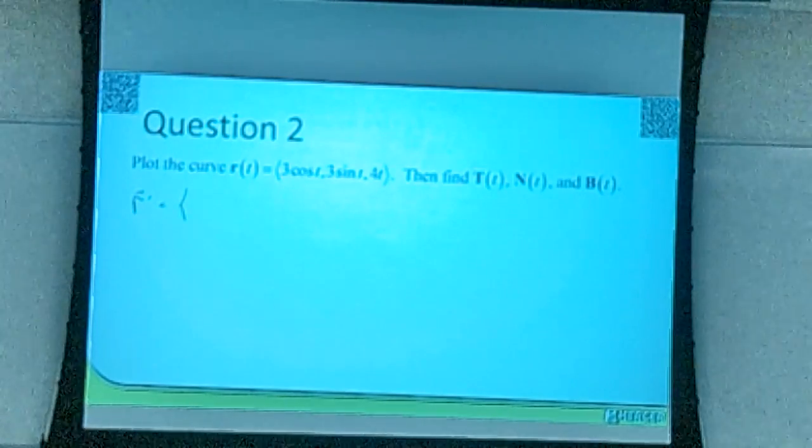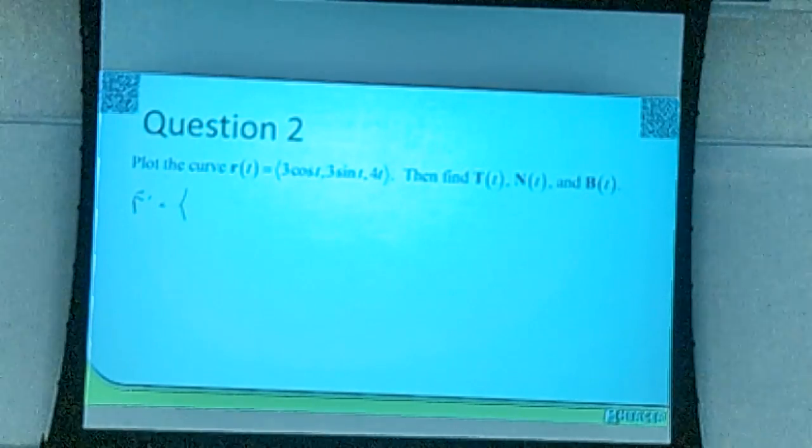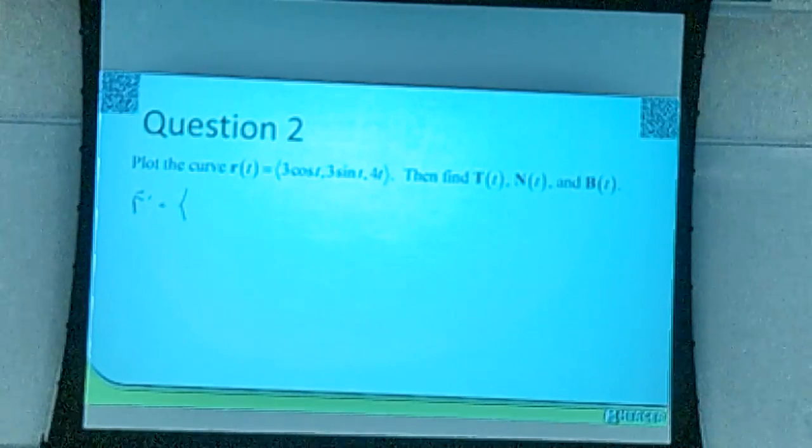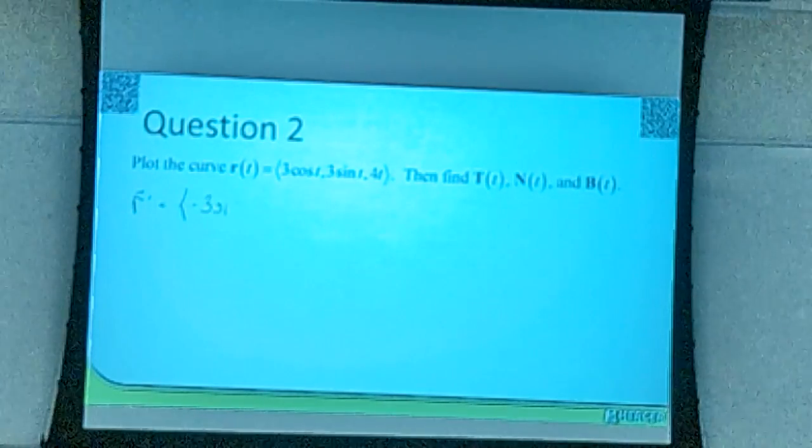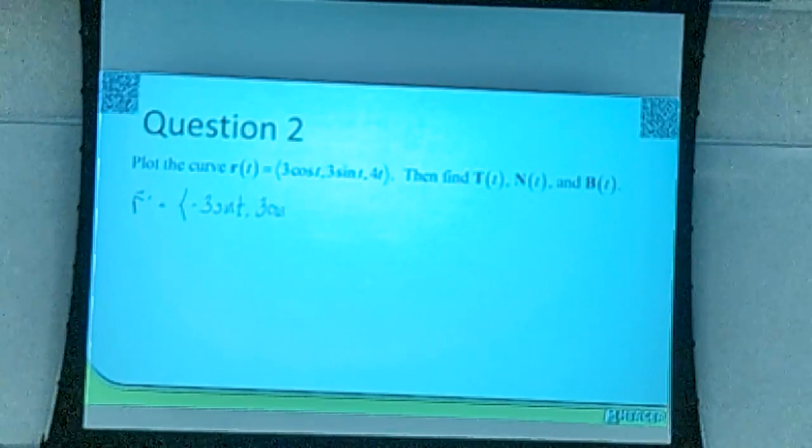What's R prime? 3, negative 3 sine t, 3 cosine t, 4.